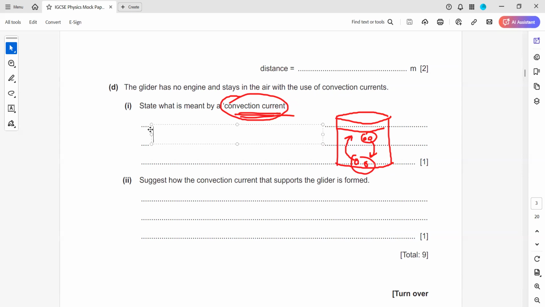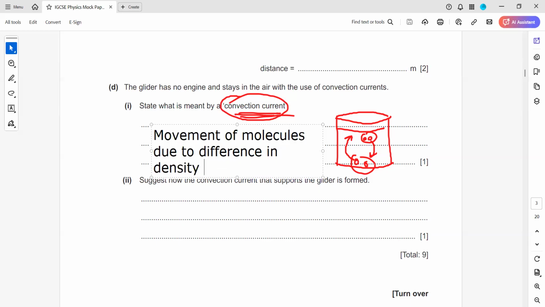Convection current is actually the movement of the molecules due to a difference in density, or you can also refer to temperature. That is known as the convection current.